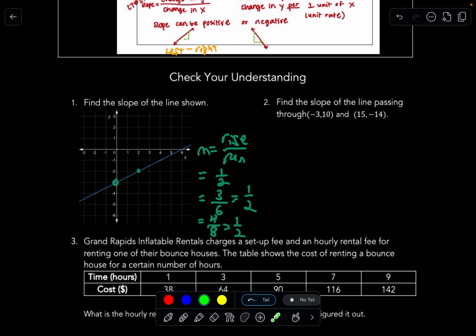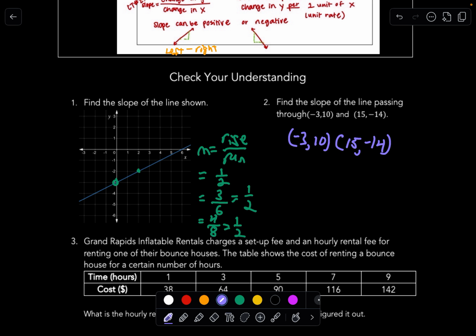All right, so the other thing that you're going to have to be able to do is, given 2 points, find the slope. There's lots of ways to do it.